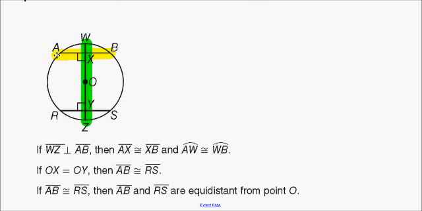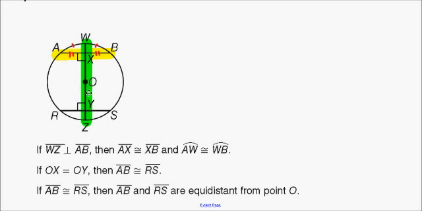Then I know that AX, so the segment from A to where the chord meets the diameter, is congruent to XB. In other words, the diameter splits the chord in half. And arc AW is congruent to arc WB. So it also split the arcs in half.